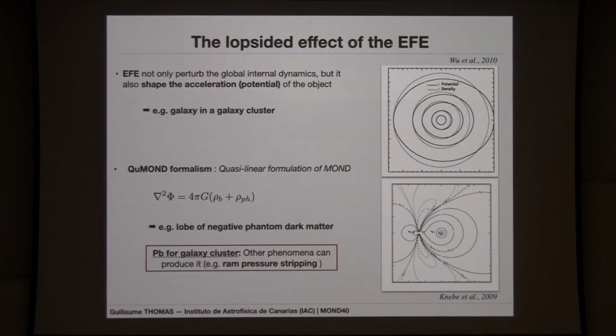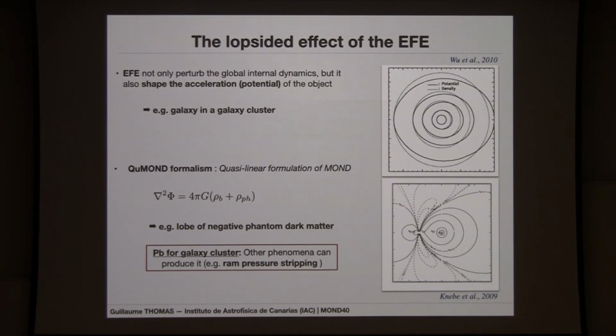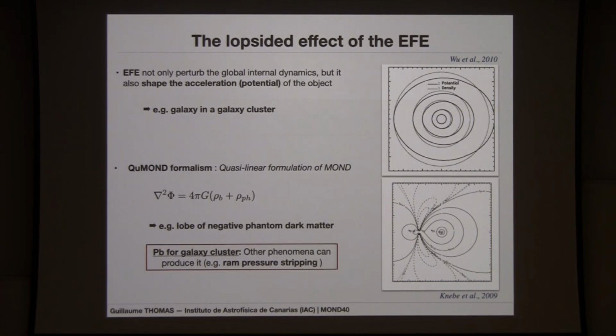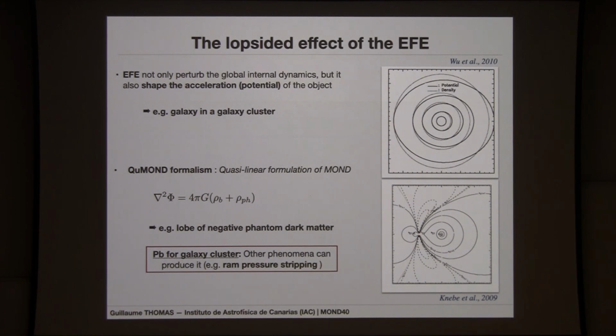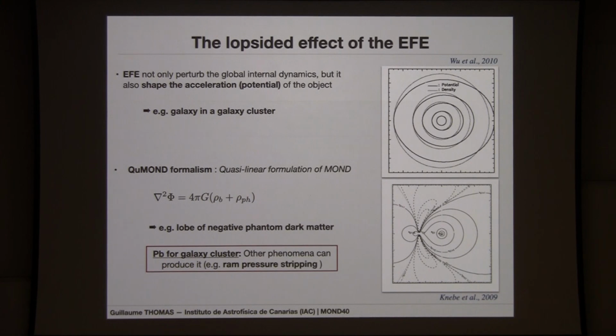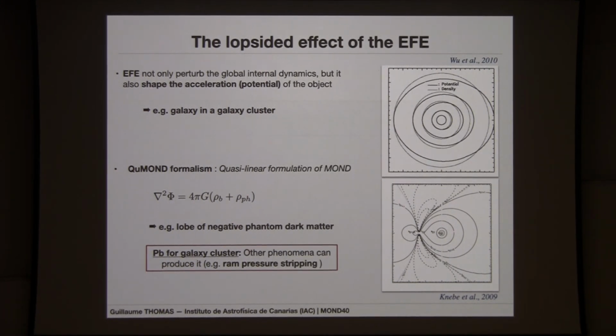So you can say, okay, great. We have a way to maybe see if we can observe the external accelerations and break the strong equivalence principle. So, galaxy clusters are really great because you can see that, however the problem with galaxy clusters is that other phenomena can also explain this asymmetry, such as ram pressure stripping, because galaxies tend to be gas-rich, and the motion of the galaxy in the galaxy cluster is going to push the gas away.